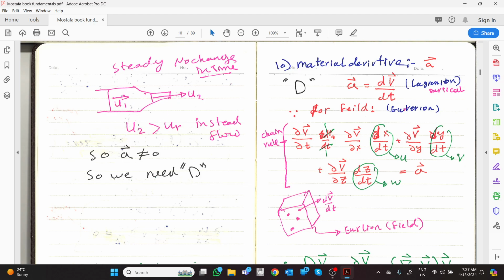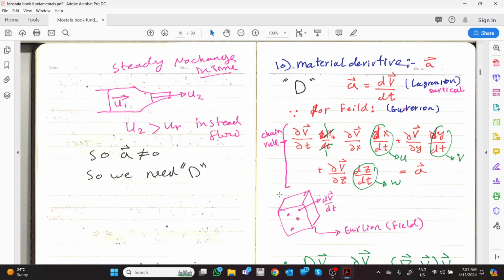So it is changing with respect to time, with respect to x, with respect to y, with respect to z. This we all know. So we know dv by dt, the partial del v by del t, and we have del v by del x, del v by del y, del v by del z. We know all of this. Okay.